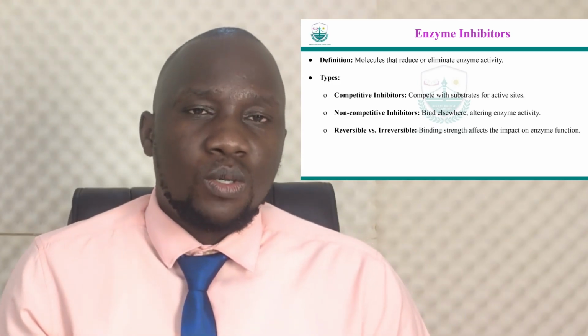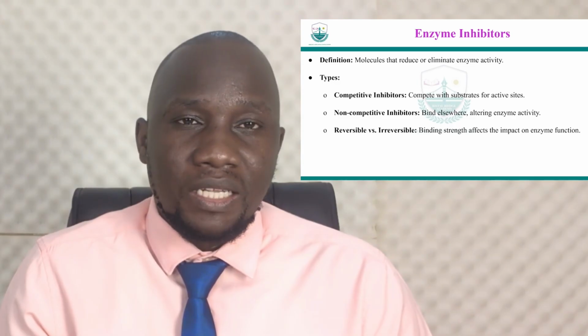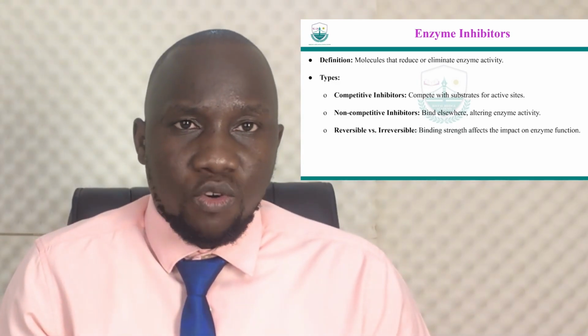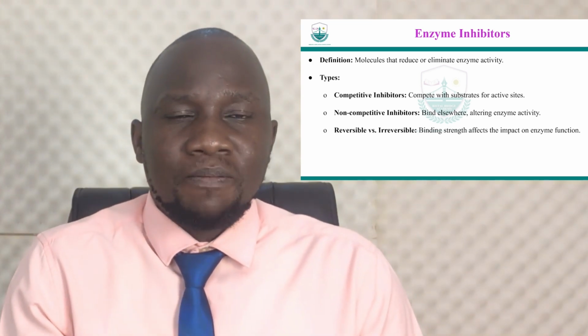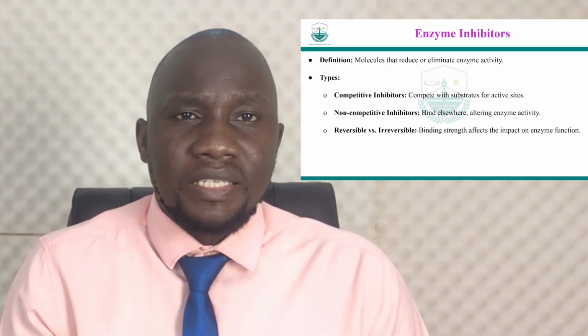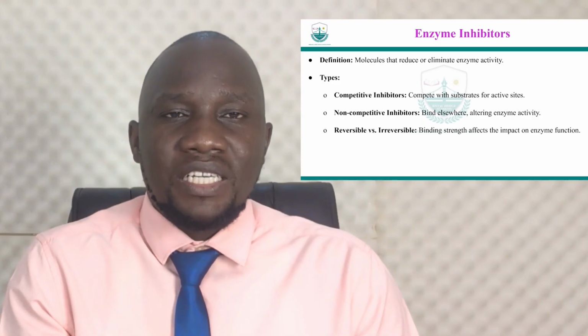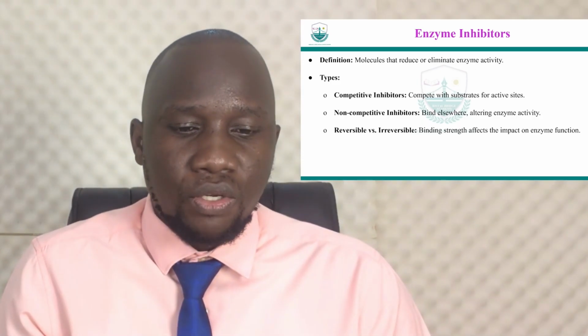And then you have what we call reversible and irreversible inhibitors. With this, we are talking about those that can permanently alter the enzyme's activity. That means that if that inhibition happens, it's permanent, it's not temporary inhibition.